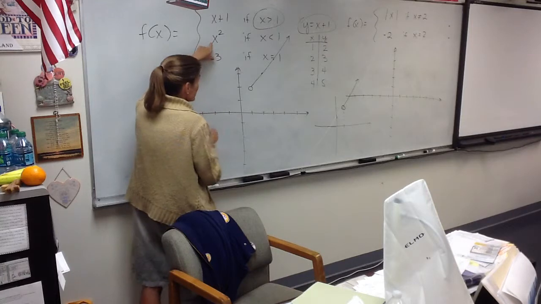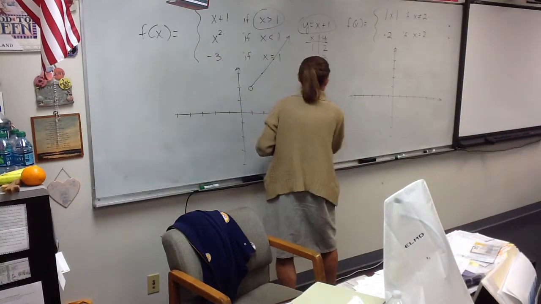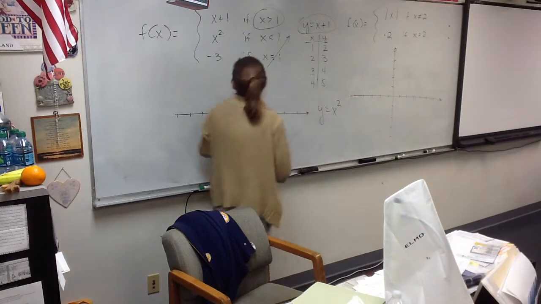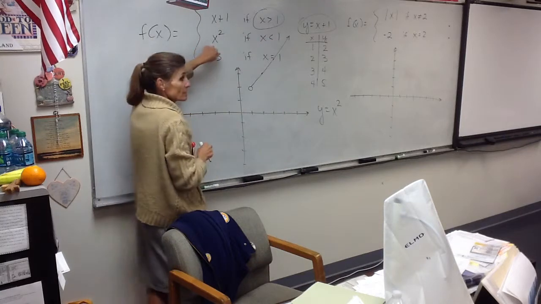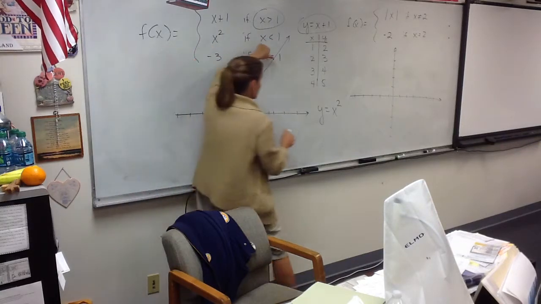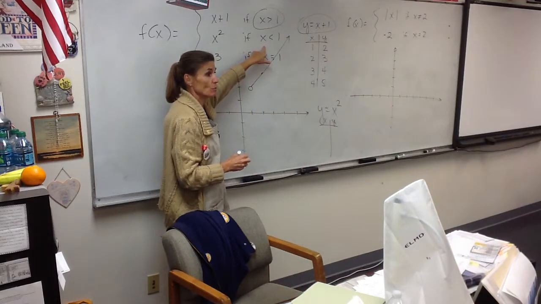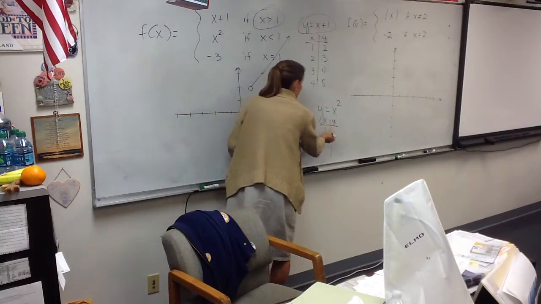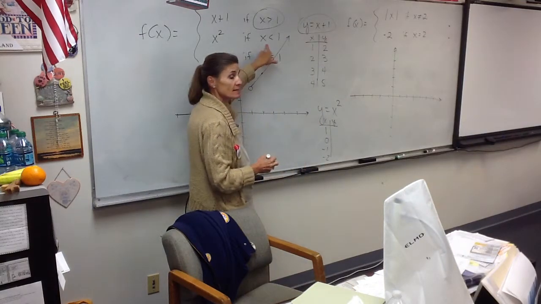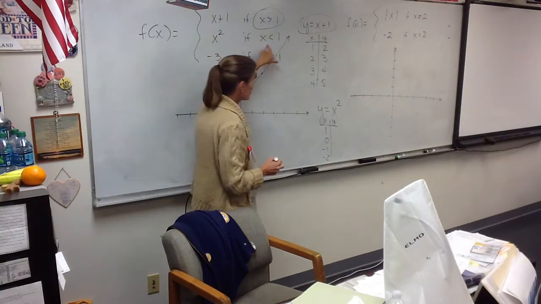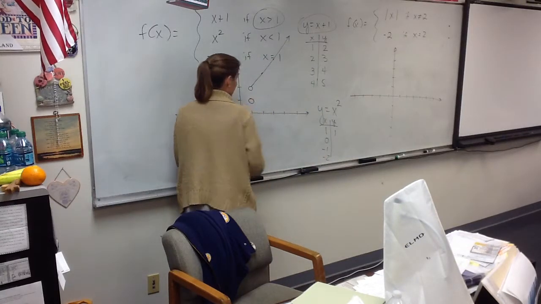So this one says y equals x squared. The equation I'm graphing now is the middle piece, y equals x squared. And the x's I'm supposed to be using are x's that are less than 1. So I'll start with 1 again, and then I'll pick numbers less than 1. X is less than 1. So if I put 1 in, I get 1, and that's going to be an open circle.